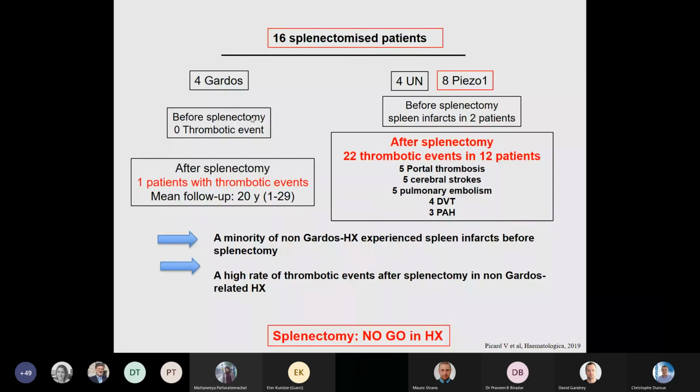So you can see that there is a very high incidence of thrombosis after splenectomy, at least in these PIEZO1 mutated patients. And so splenectomy is considered globally as a no-go in these patients.